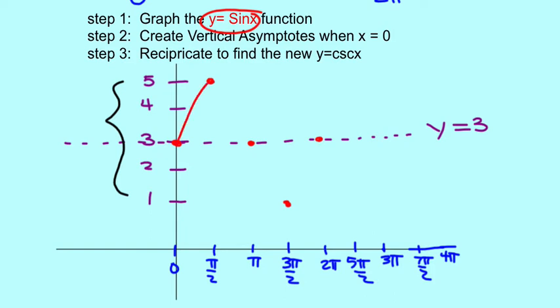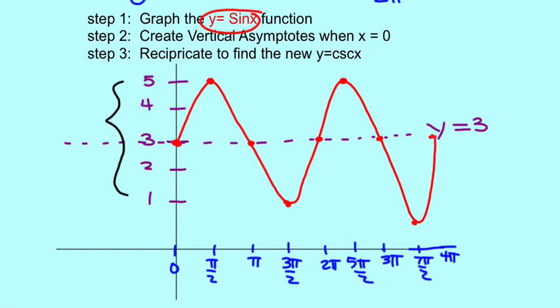There would be one revolution. Now we're going to continue. So we'll go up to the top, to the middle, to the bottom, to the middle. Another revolution.